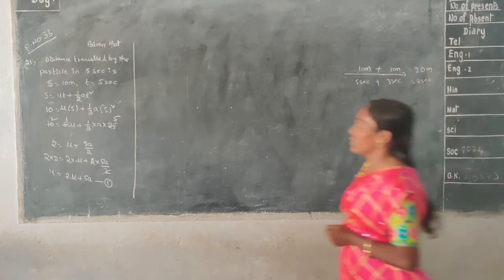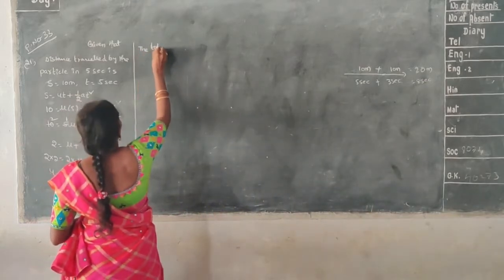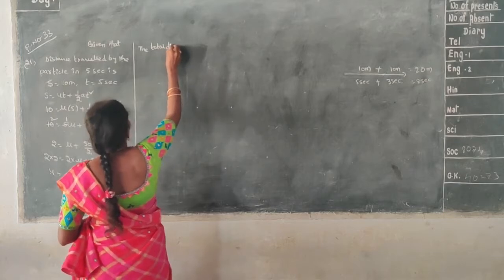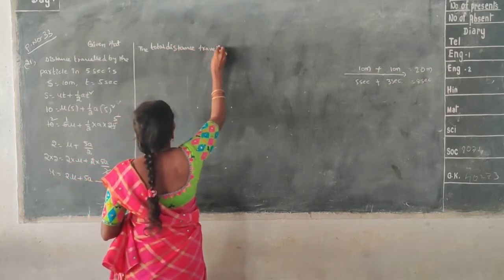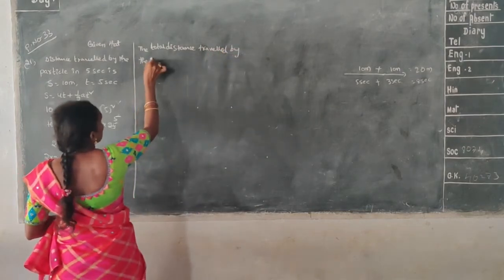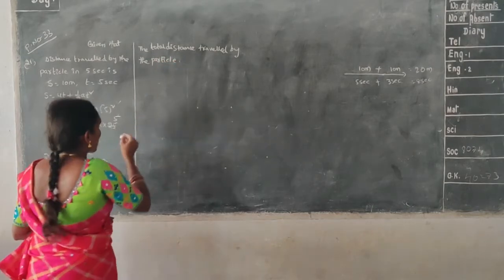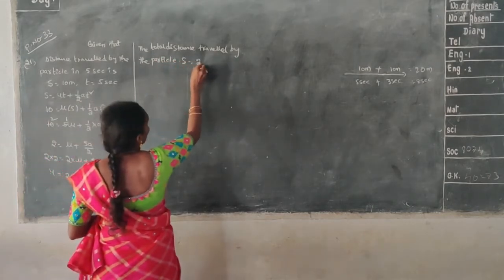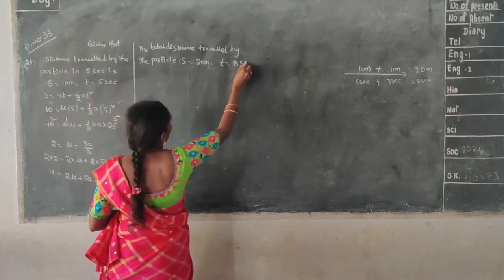So S is equal to 20 meters and time t is equal to 8 seconds.